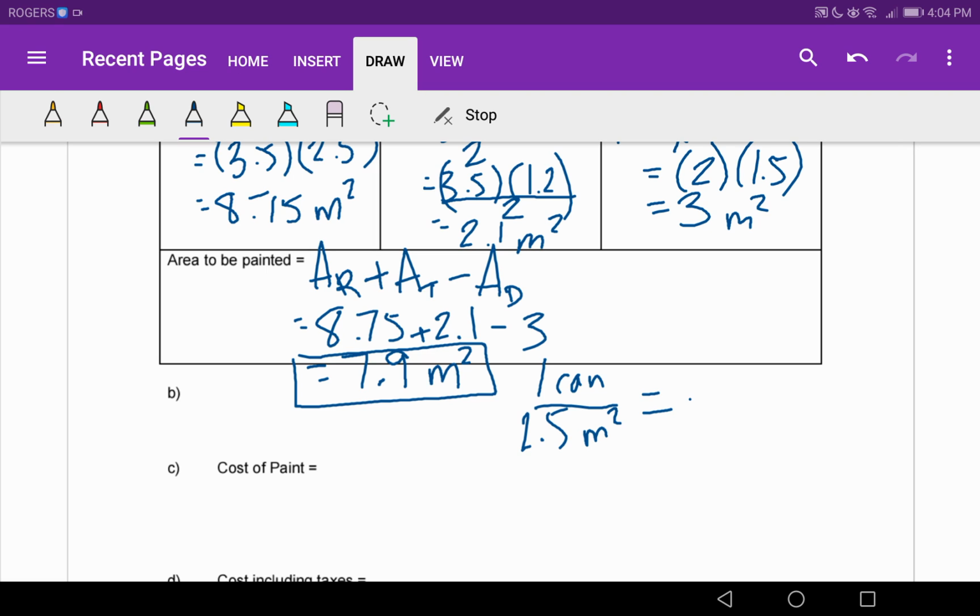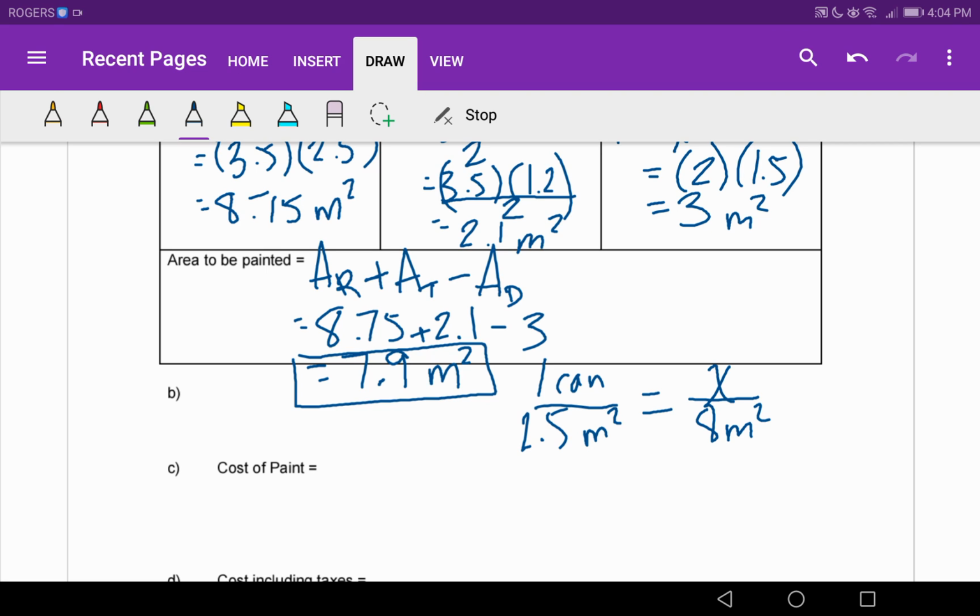How many cans, let's call it X right now, how many cans will we need to cover 8 meters squared? So I rounded my 7.9 up to 8 meters squared.